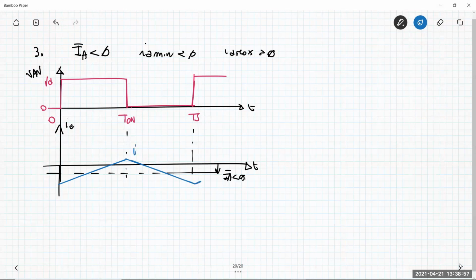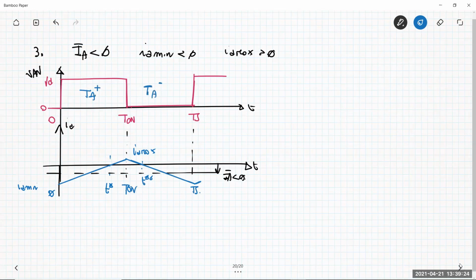Etc. So IA maximum is positive, but the minimum is negative this way, having an average value. So again, here we can have 0, T star, in which the current is negative, T on, T double star, and Ts. Okay, so we can replicate all the discussion we had before.